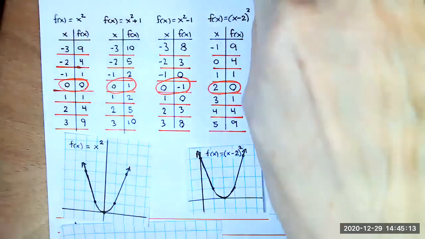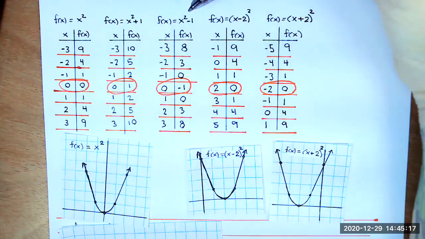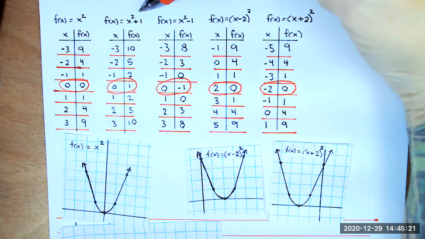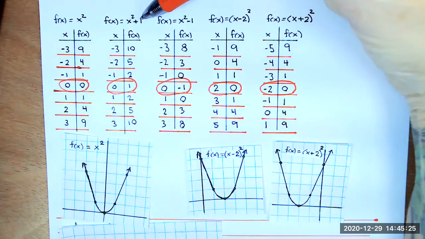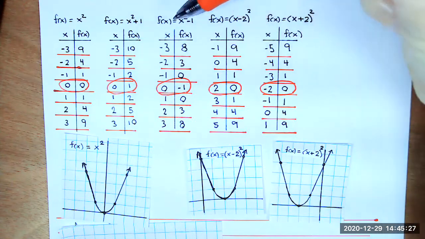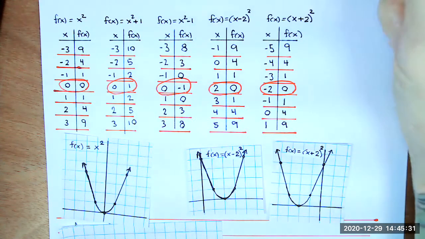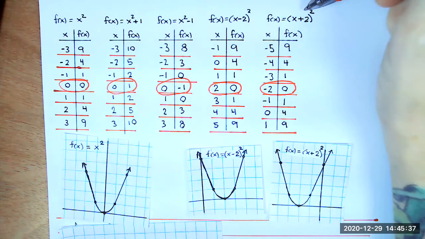So changes to the outside of the function will move the graph up and down, and they move the way you would expect. Adding 1 shifts it up, subtracting 1 shifts it down. When you make changes to the inside of the function, we call this counterintuitive in math.